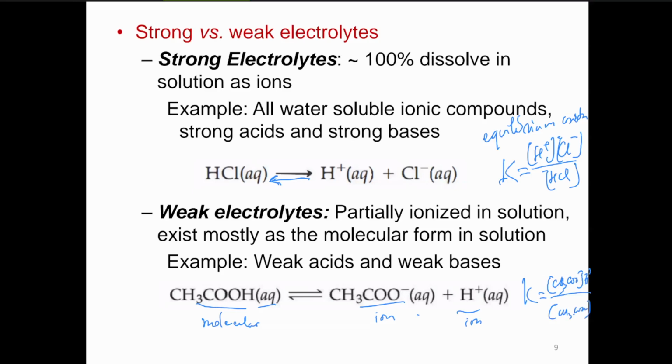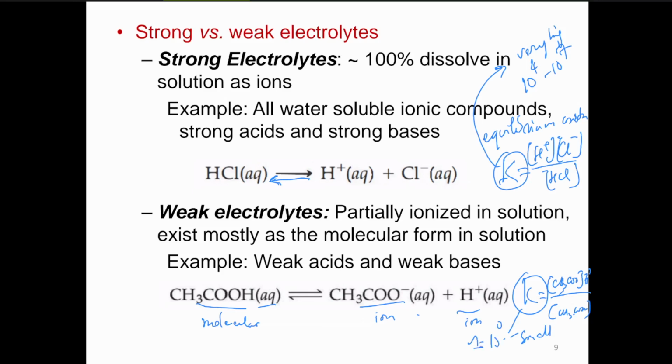In the case of a strong electrolyte, this value is very high. For example, it can reach 10 to the power 4, or 10 to the power 7. But for a weak electrolyte, this equilibrium value is small. For example, an equilibrium constant equal to 1, that means 10 to the power 0.